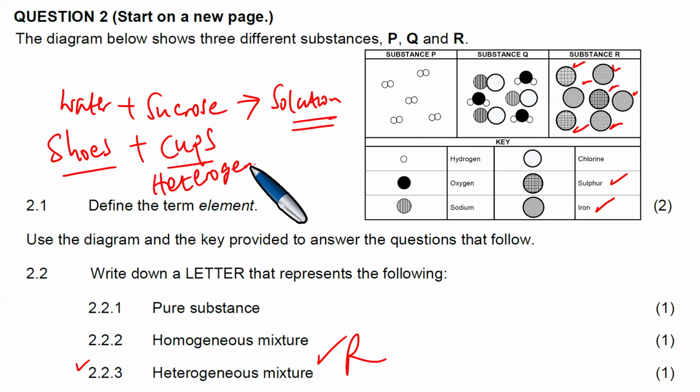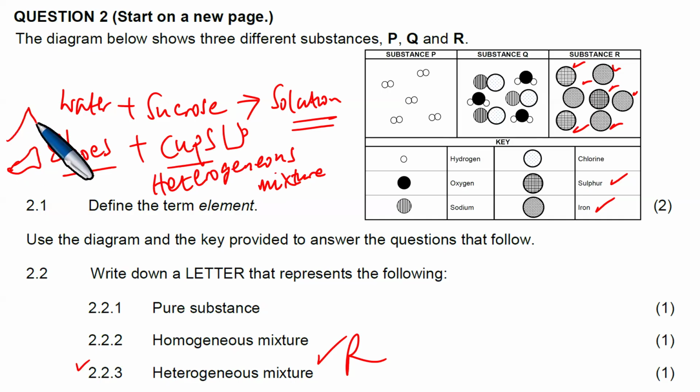Why is it heterogeneous? Because if you mix shoes and cups, you can still see that this one is a cup and this one is a shoe, a boot, whatever.